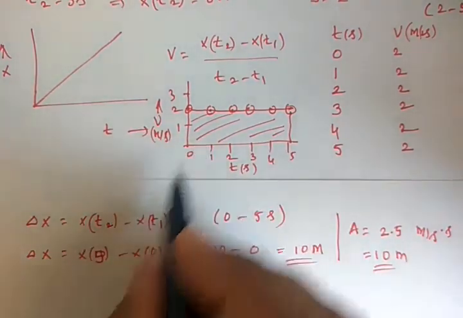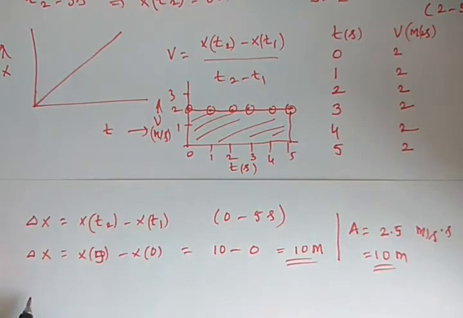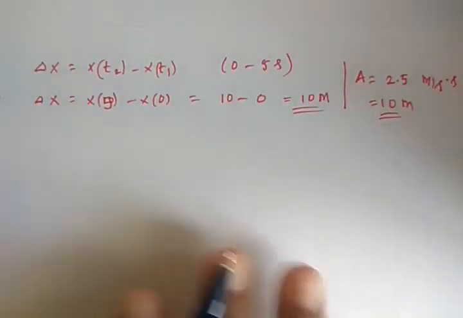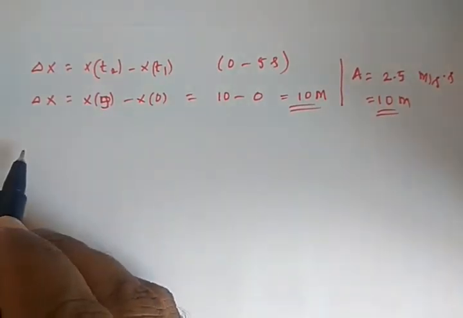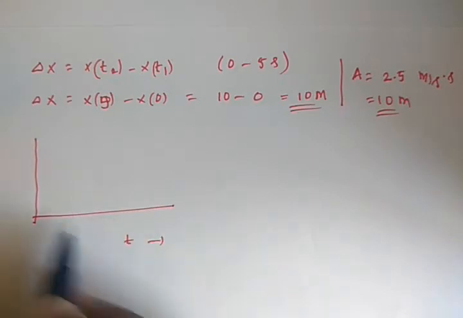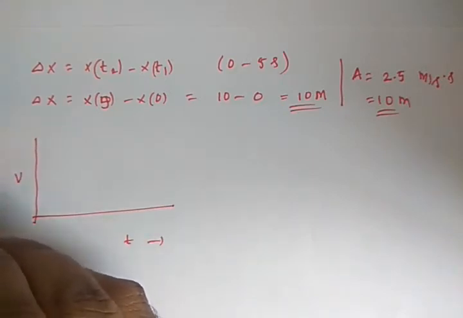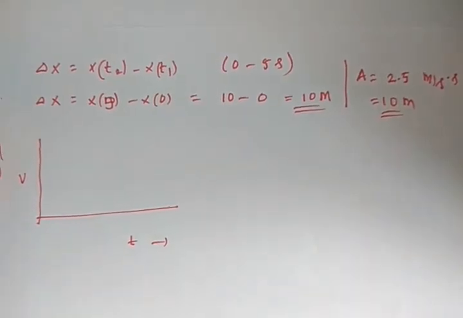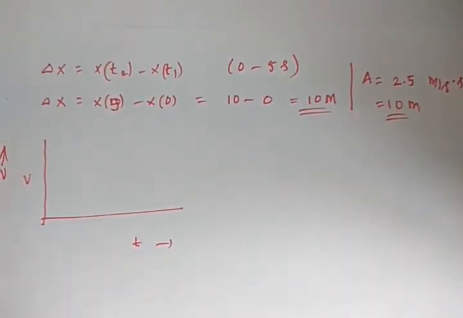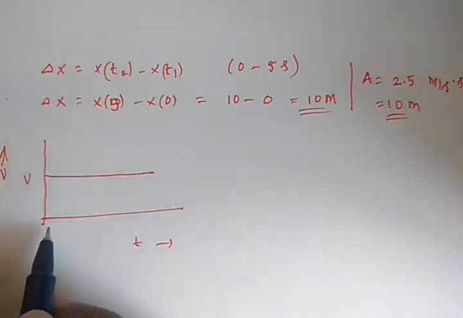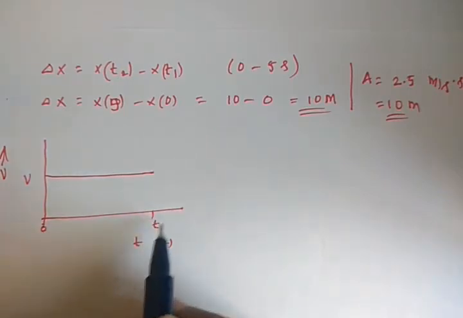So you can write down here, in general, if t is time and v is velocity, the body is moving with constant velocity. As time goes on, there is no change in velocity. Now I am measuring time here from 0, let's say that is t.